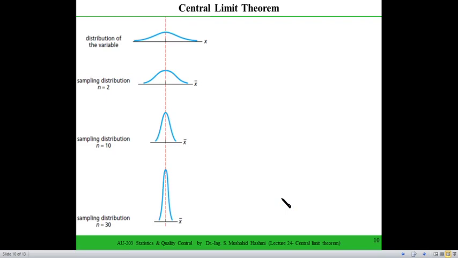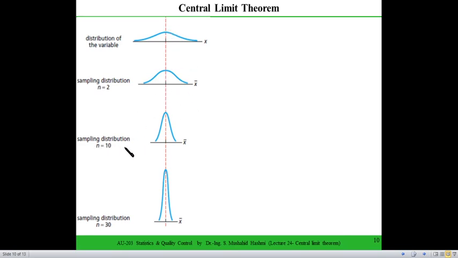And you can see another way. Let's say this time we have a population distribution that is normally distributed, x is my population, and x bar is the sample mean. If I draw the sample mean, even with a sample size of 2, my variance has decreased, and the distribution is normal, which is already normal.